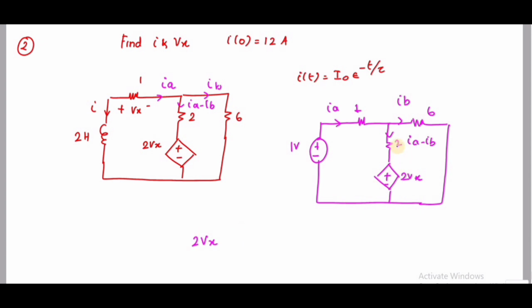So I can write IA is equal to minus I, right? So for the first loop, 2Vx is equal to minus of 2 into IA minus IB plus 6IB, right? So on solving, you will get this equation.